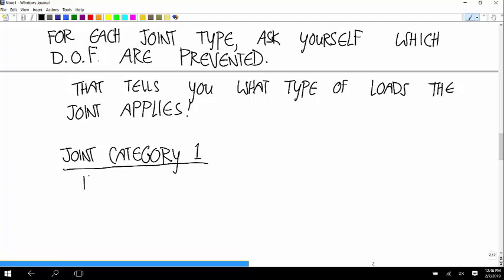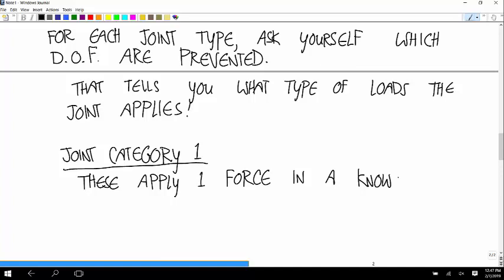These apply one force in a known direction and therefore introduce one variable into your equations.